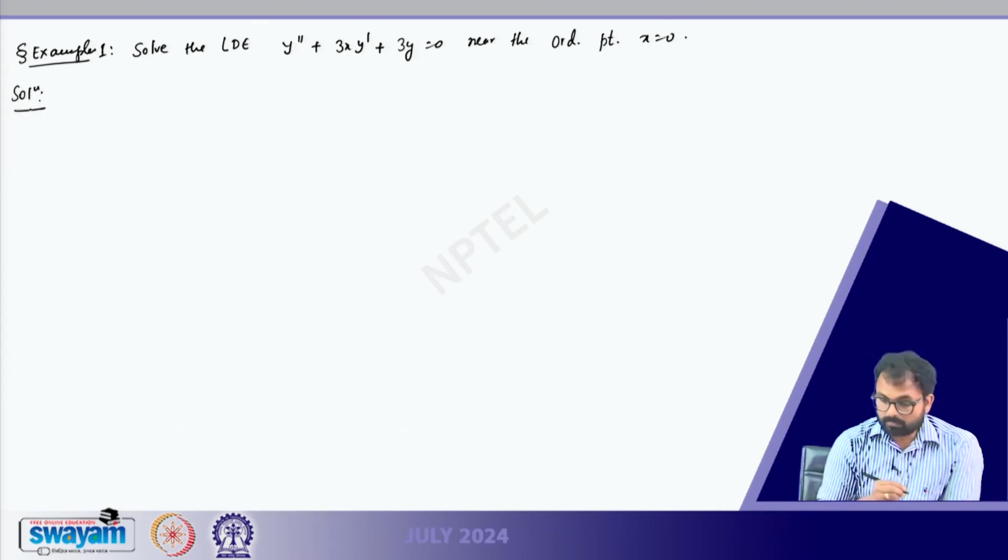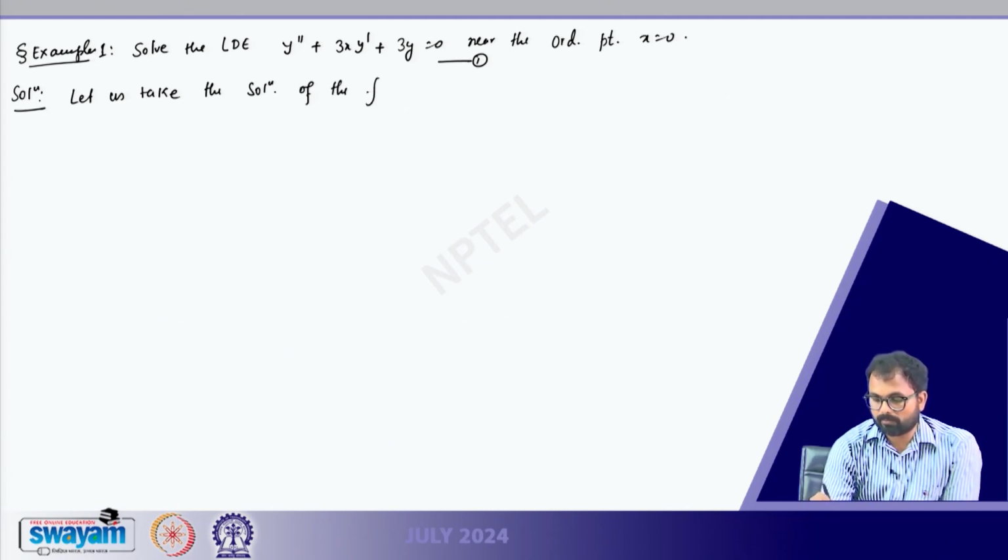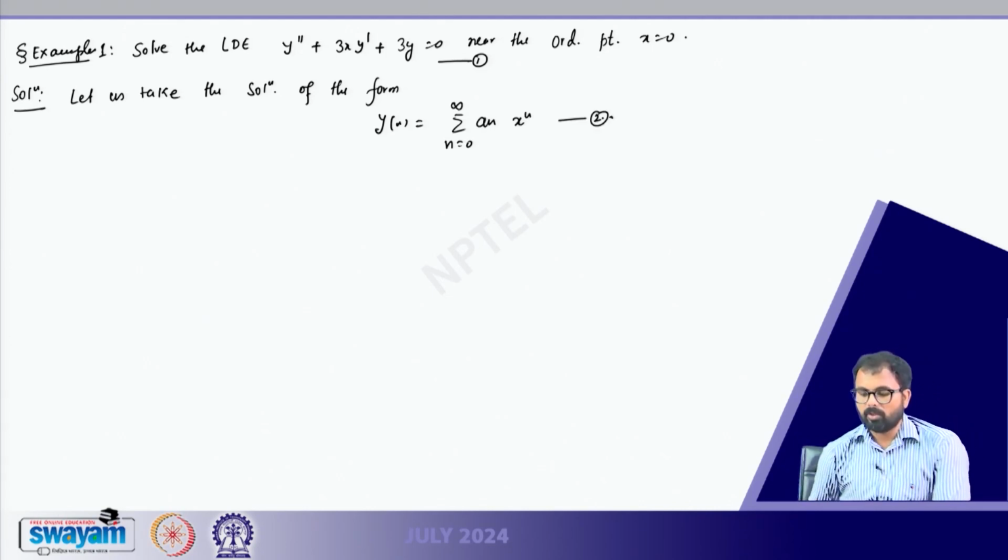Since x equals 0 is the ordinary point, let us take the solution, we can call this equation 1. Let us take the solution of the form y(x) equals summation n running from 0 to infinity a n x to the power n. Call it equation number 2.